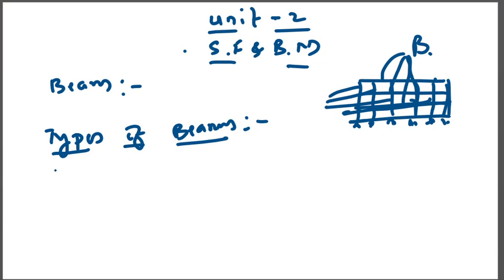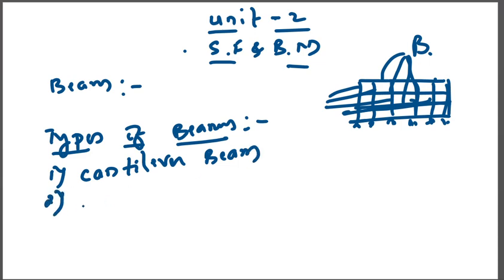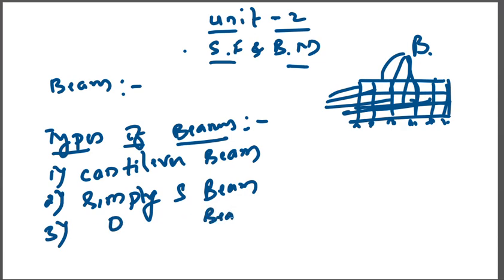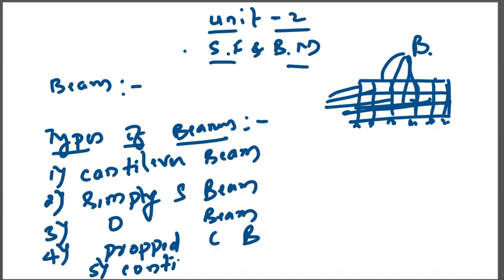There are 5 types of beams. The first one is the cantilever beam, the second one is the simply supported beam, the third one is the overhanging beam, the fourth one is the propped cantilever beam, and the fifth one, the last one, is the continuous beam.